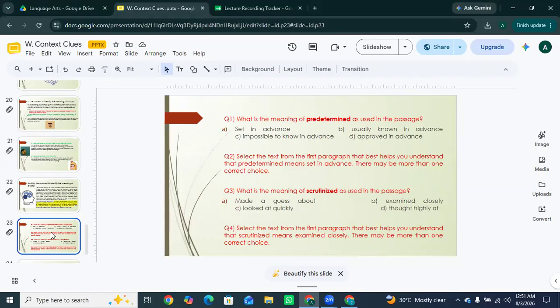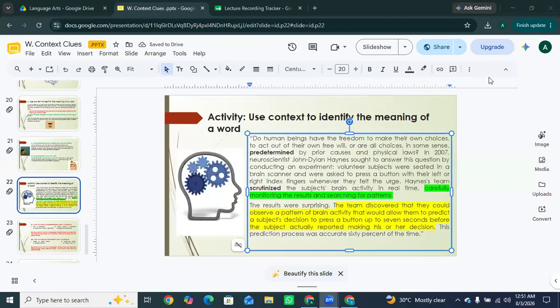The next one: what is the meaning of scrutinized as used in the passage? It means examine closely. Select the text from the passage that helps you understand what scrutinized means. Carefully monitoring the results and searching for patterns.